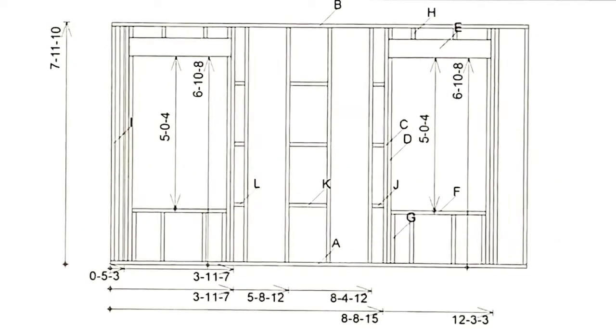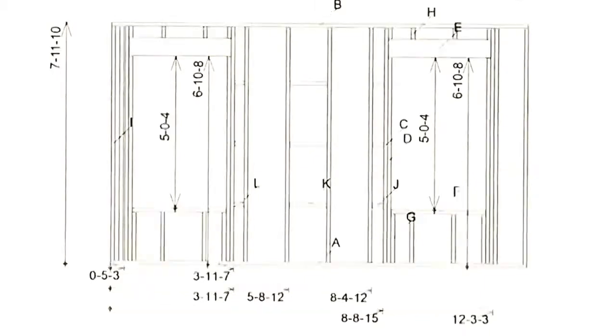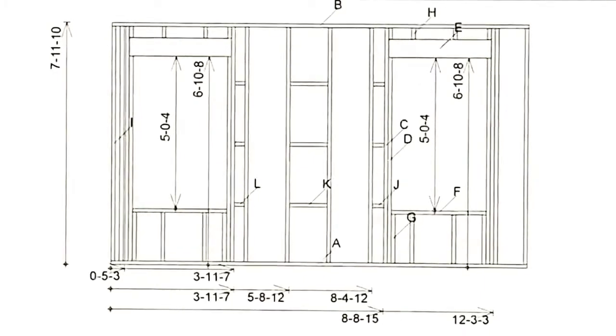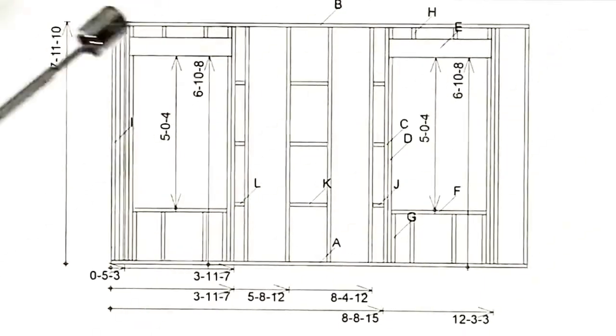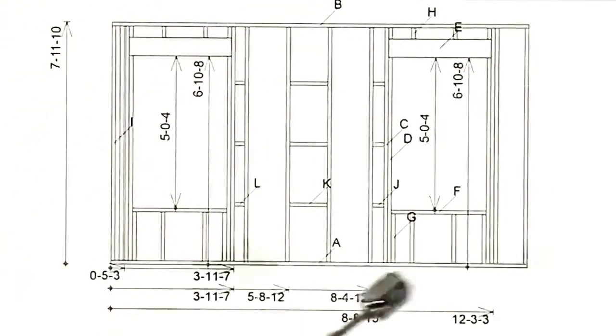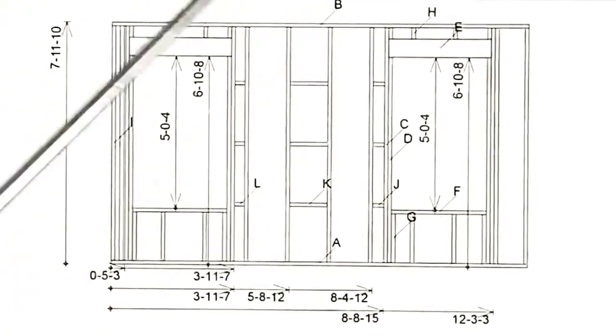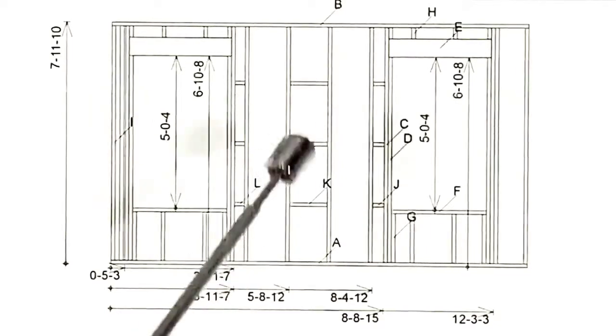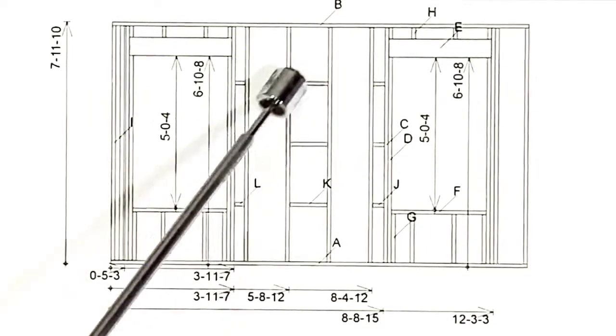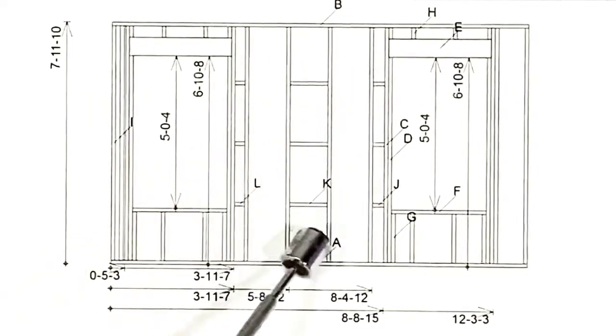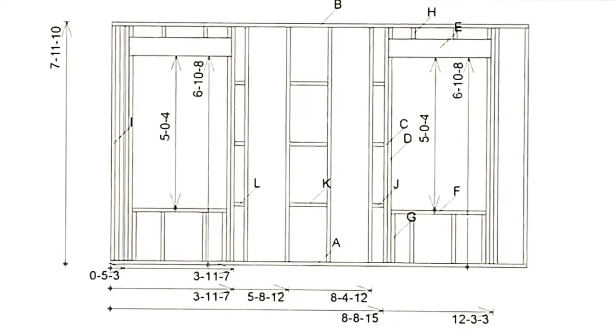This next wall panel section has some new elements that you will see on typical panels. In addition to your top plate, bottom plate, and vertical studs, in the center here you now have what are called blocking or ladders. These support either cabinetry or intersecting walls.